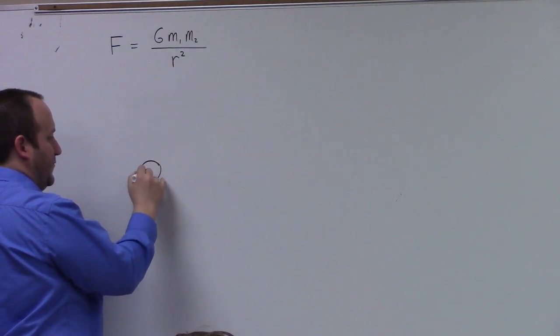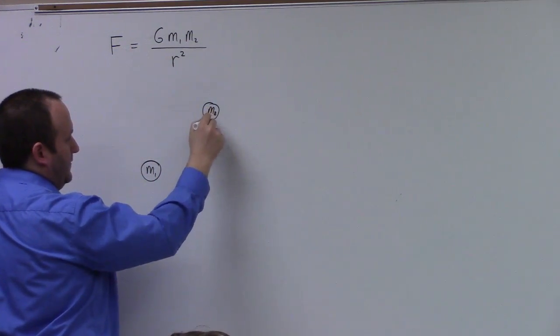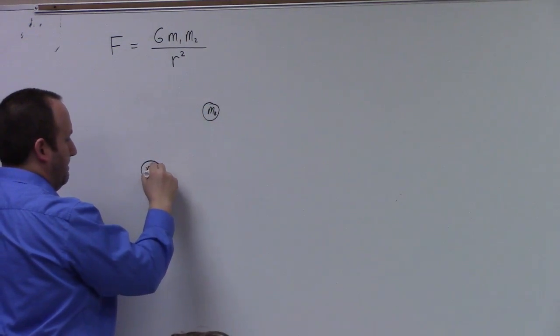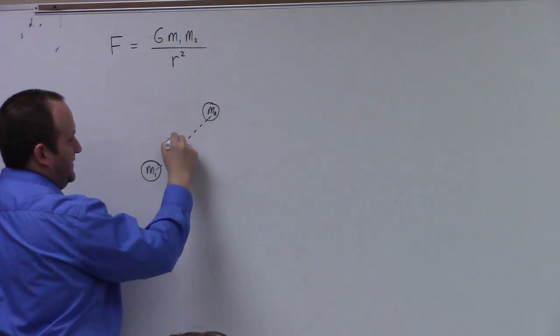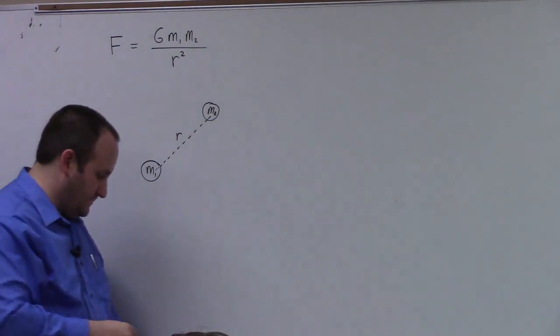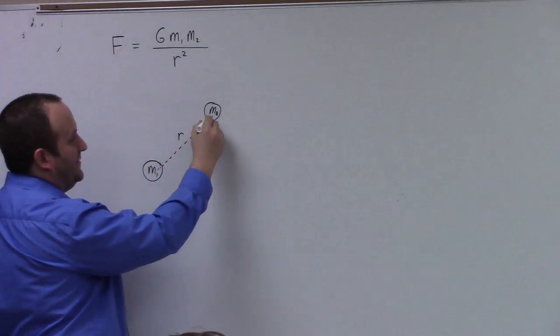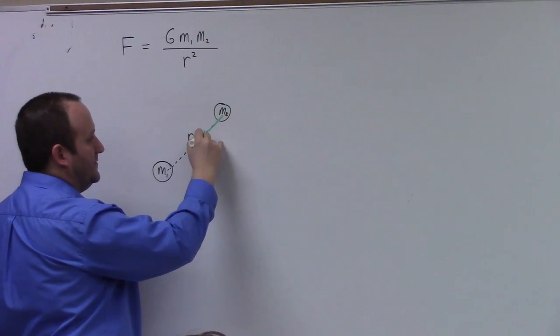Let's say that puts m1 at the center, it puts m2 out here. The r is the distance that connects them, all right? In what direction does this force go? It's attractive, right? So we're talking about the force on M2.